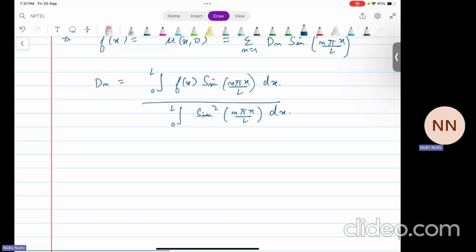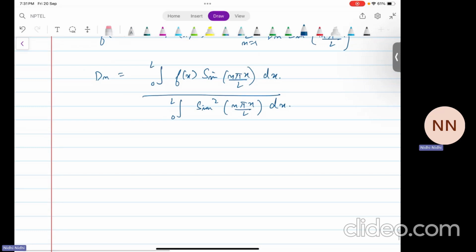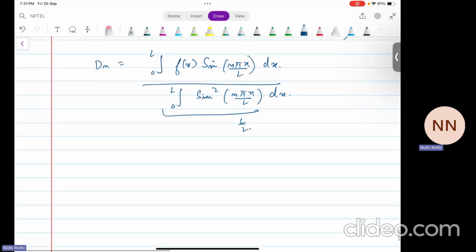So all this is just basic integration. Again, the denominator would be L by 2, we have done it earlier also, and the numerator just requires integration by parts.